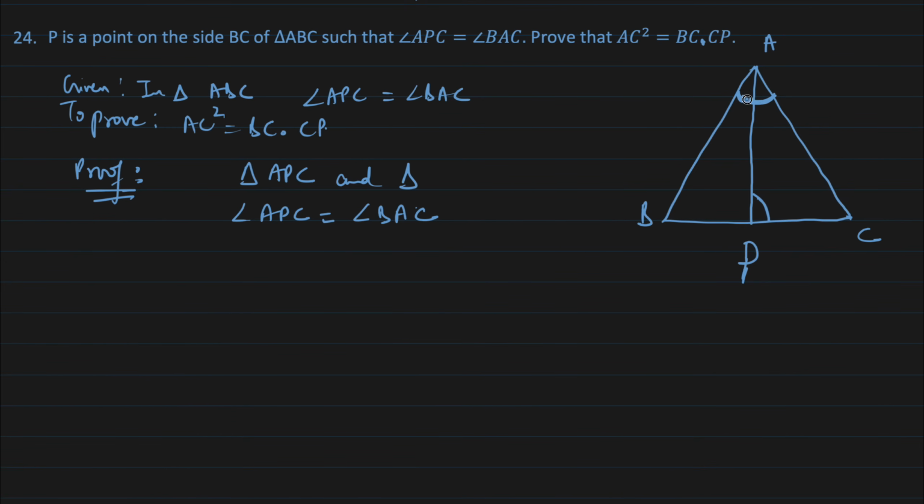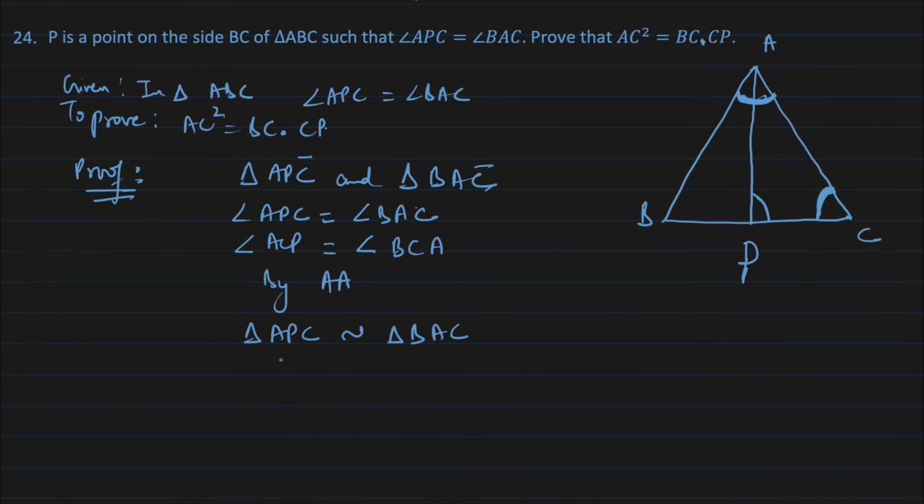This full angle is equal, students. Sorry for this. So angle ACP equals angle BCA. Fine. So we have this angle common in both of them, right? C is common. ACP and BCA, both the angles are common, so I can say triangle APC is similar to triangle BAC.